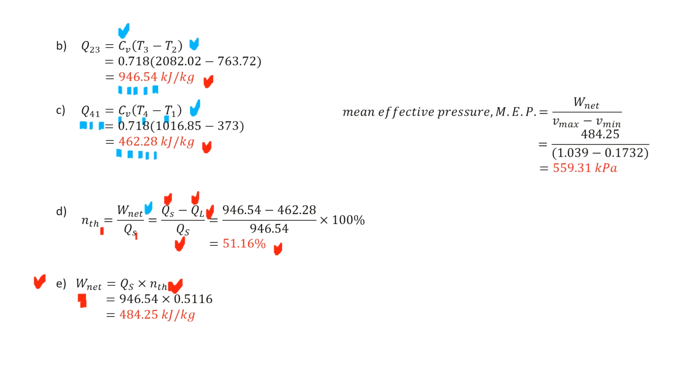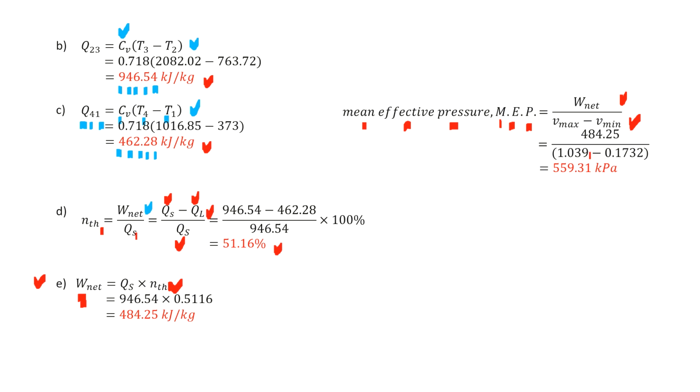Okay, then the next thing that you need to know is the mean effective pressure, MEP. So the mean effective pressure is defined as net work out divided by the length of the PV diagram. So when you refer back to your PV diagram, the length of the PV diagram should be V1 minus V2, or V4 minus V3, the outermost points in the PV diagram.